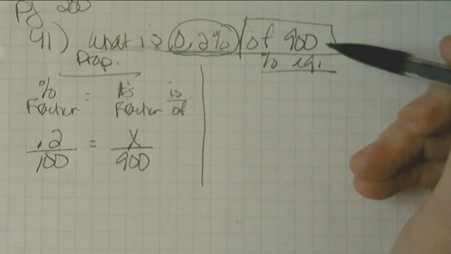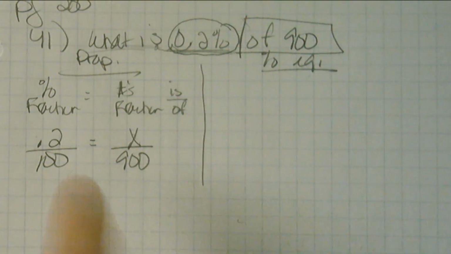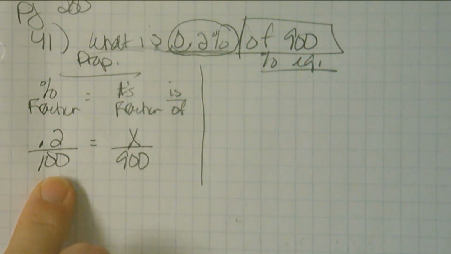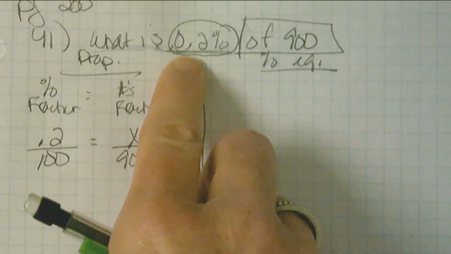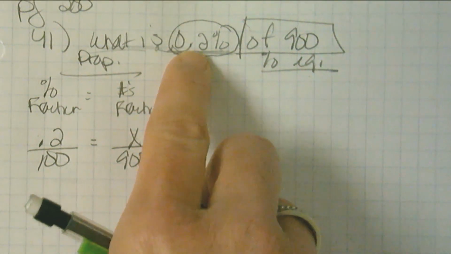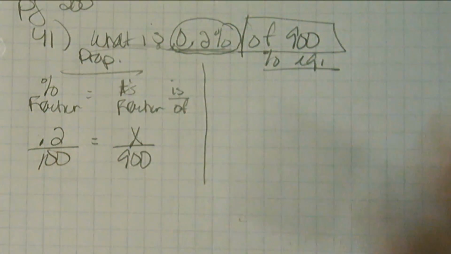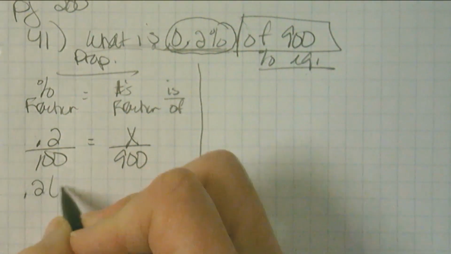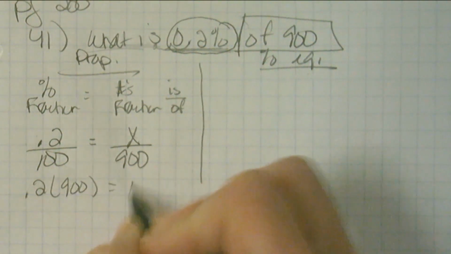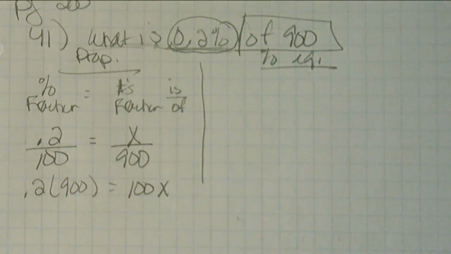So I was too quick in asking that question. This should be what our fraction looks like. It's kind of funky looking, isn't it? Whatever our percentage is, I take that exact number and I just put it over 100. And now I do my cross multiplication. So I have 0.2 times 900 is equal to 100x.